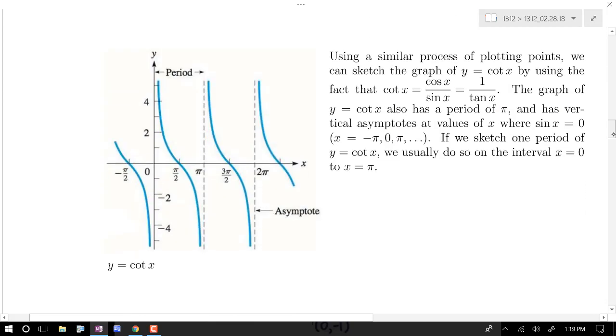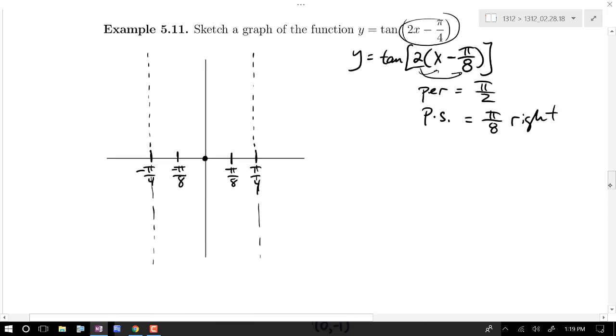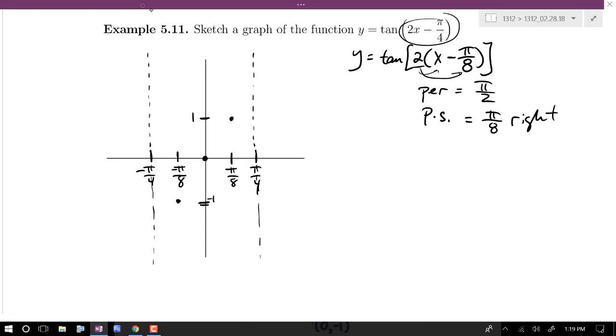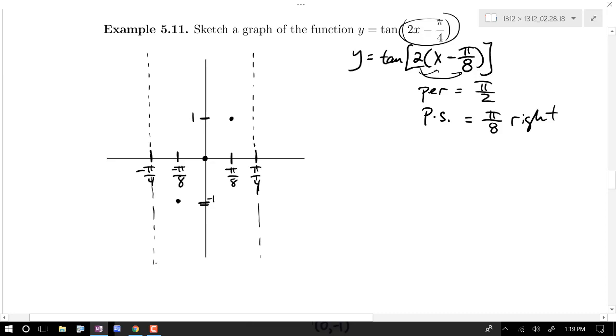So at pi over 8 we will be at a positive 1, and at negative pi over 8 we will be at negative 1. I'll do this in gray. This one in gray is tan of 2x.